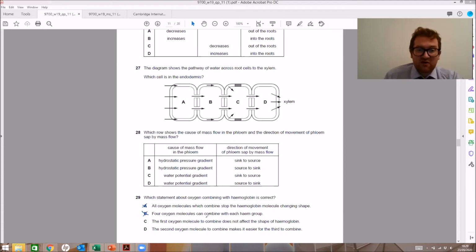The first oxygen molecule to combine does not affect the shape of the hemoglobin. This is not true either. The second oxygen molecule to combine makes it easier for the third to combine. Yes, that statement is true. Although, as you know, after each binding of oxygen it becomes more difficult, so to get that 4th oxygen molecule to bind is rather difficult.